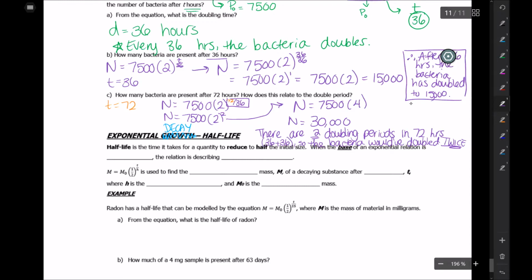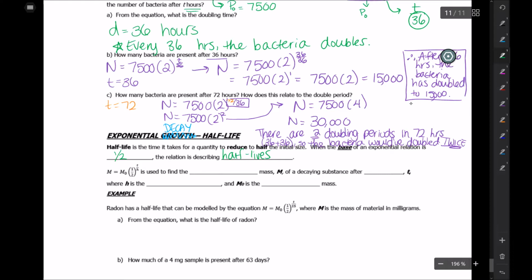So right here, it says half-life is the time it takes for a quantity to reduce to half the initial size. When the base of an exponential relation is, instead of 2, this time it's going to be a half because it is half-life and not doubling, the relation is describing half-lives. Okay, so here m equals m sub 0 times 1/2 to the power of t over h.